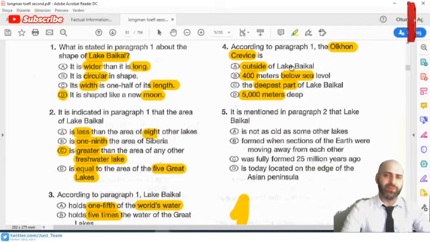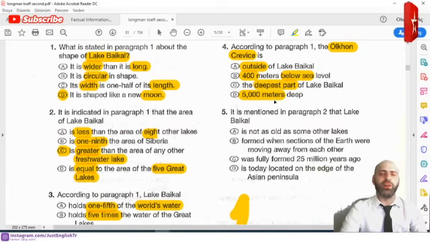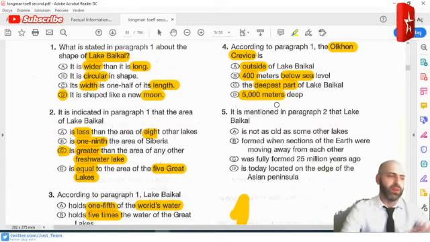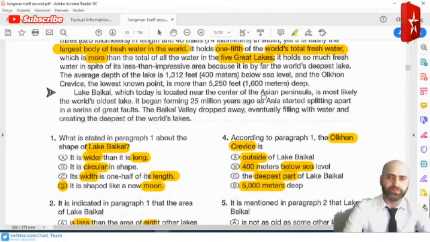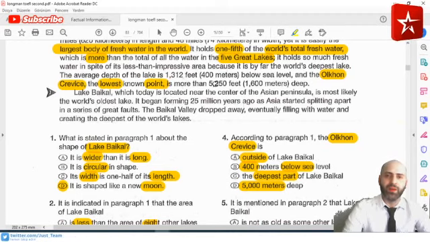Is it outside? Is it 400 meters below sea? Deepest part or 5,000 meters deep? Let's look at the paragraph again. Here I see Olkhon crevice, the lowest known point. So it is the lowest point. It is 1,600 meters deep, so definitely D is not correct.